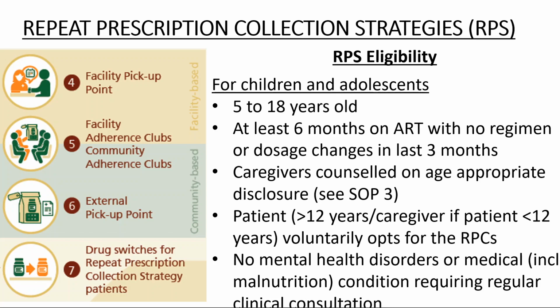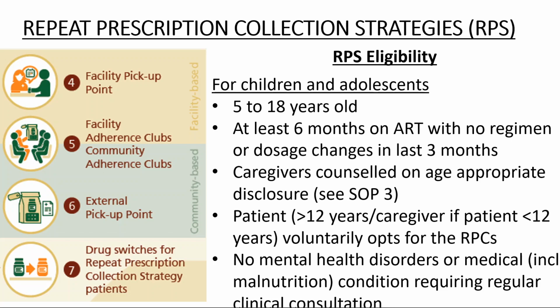If the child is less than 12 years, then there must be a caregiver that opts to get the child registered on RPS, or a child above 12 years can register on their own. There must not be any medical illness or mental condition that the child has. And if there's any malnutrition, the child is also not eligible to be registered onto this care.